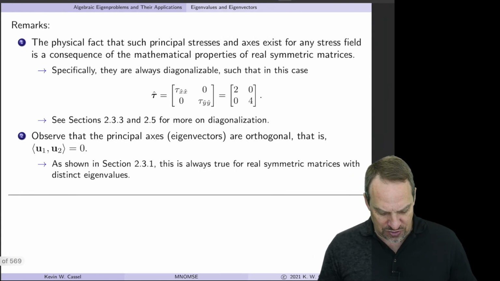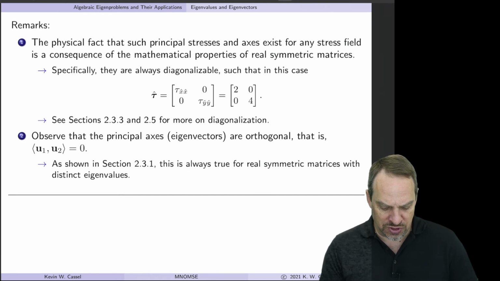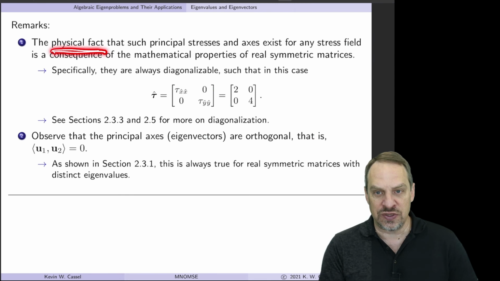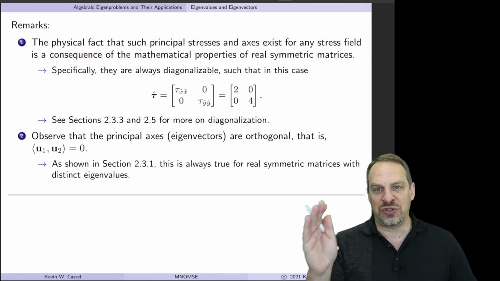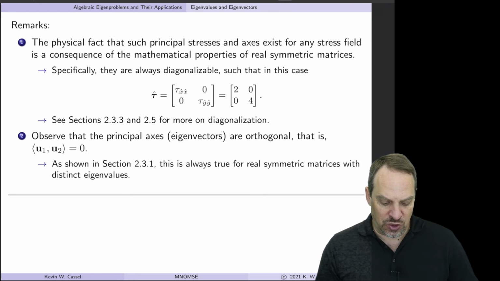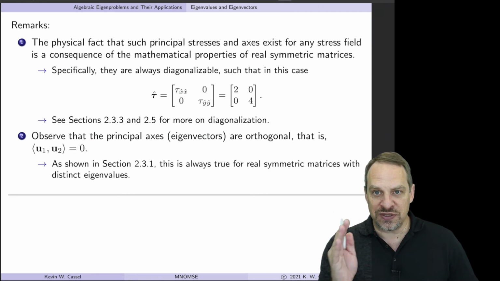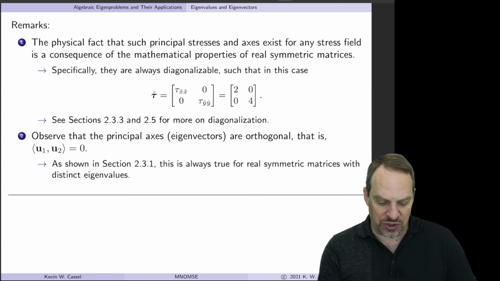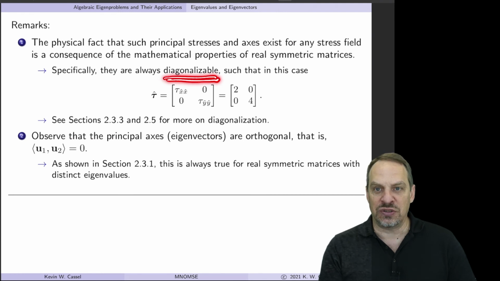All right, so let's just wrap this up with a couple things to recognize. So again, the physical question is, what are the principal stresses and principal axes of our stress tensor? The mathematical answer is, what are the eigenvalues and eigenvectors? The process that we've just done, although we didn't describe it in this way, was in a sense a form of diagonalization.